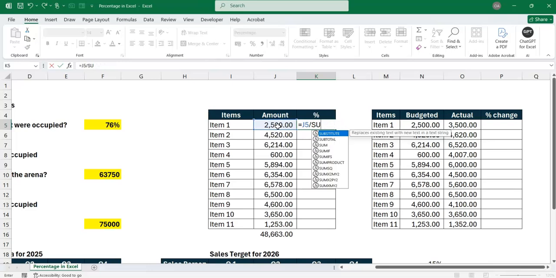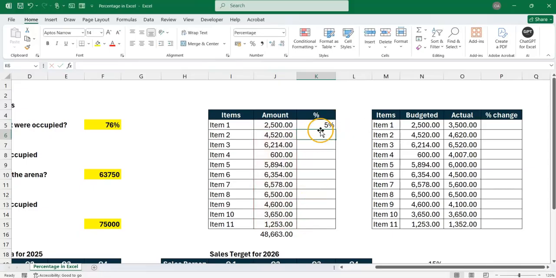Sorry, I want to have my sum, and then we add all of this, and make it an absolute reference by pressing F4. Without that, it's not going to work. So I close my parentheses. Let me drag this down, press enter, and then we have it to be this.